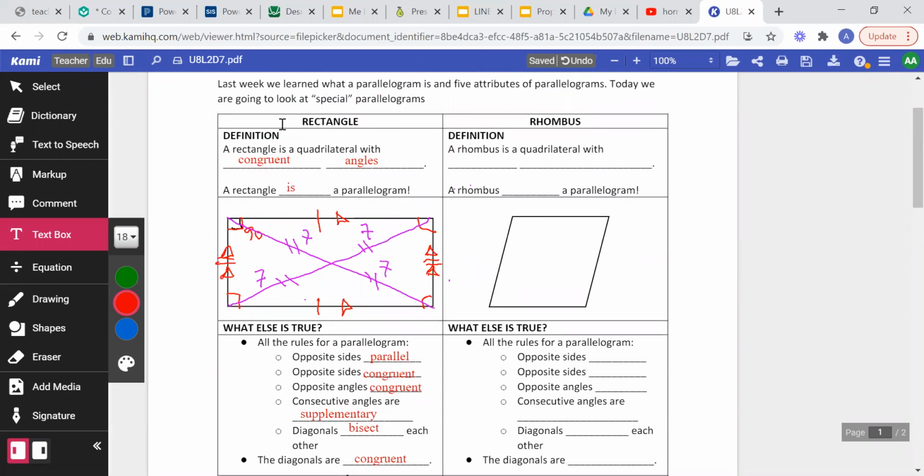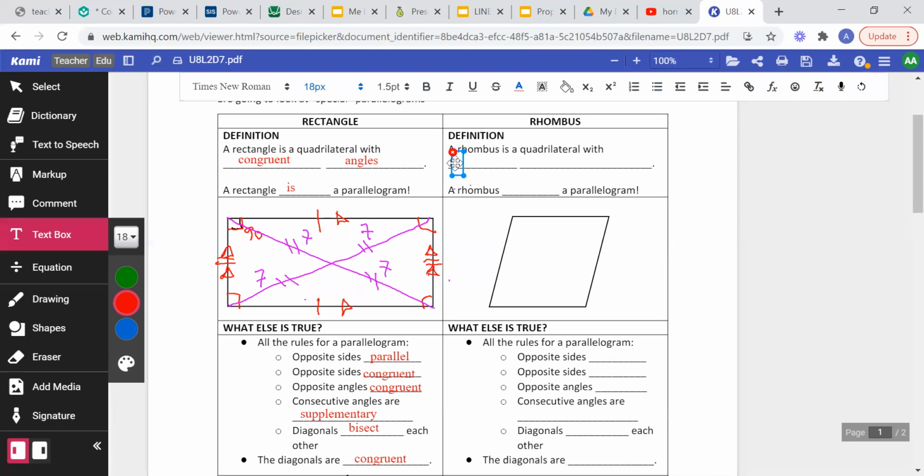And another special parallelogram is going to be the rhombus. So a rhombus is a quadrilateral with congruent sides. You see the difference here now.